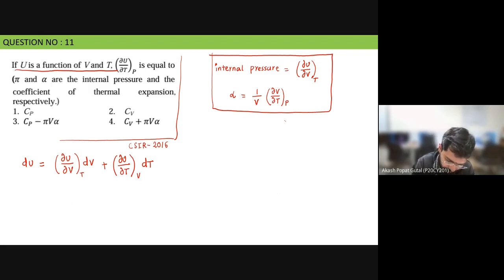The quantity you are interested in is del U by del T at constant pressure.